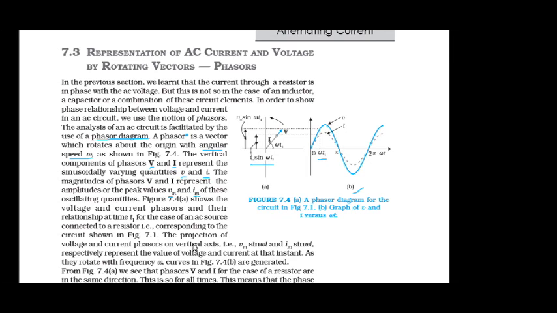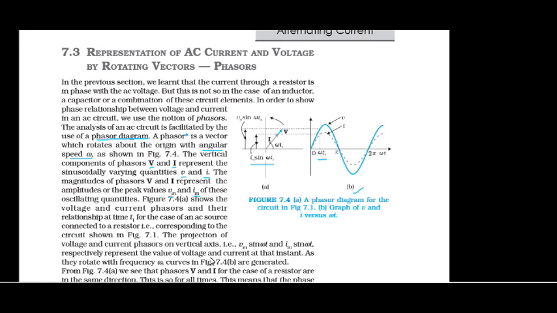The projections of voltage and current phasors on the vertical axis, that is Vm sin omega t and Im sin omega t respectively, represent the value of voltage and current at that instant. As they rotate with frequency omega, curves in figure 7.4b are generated.